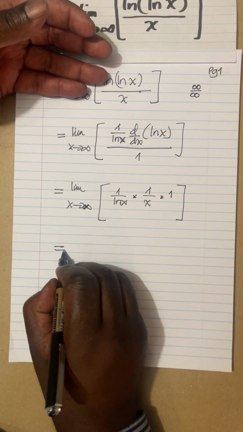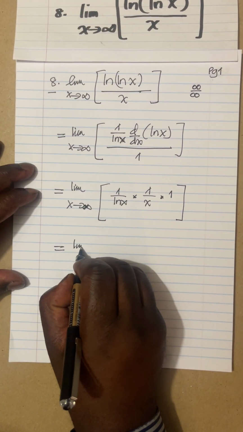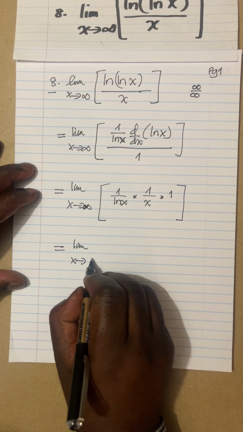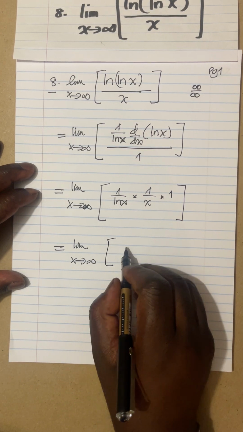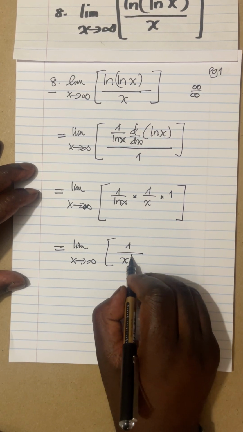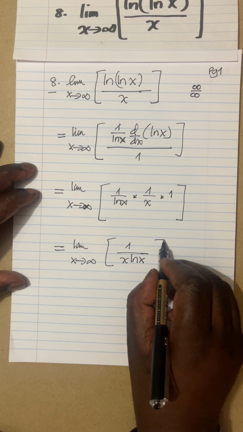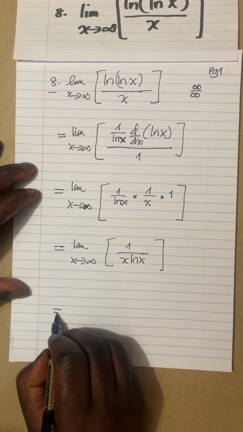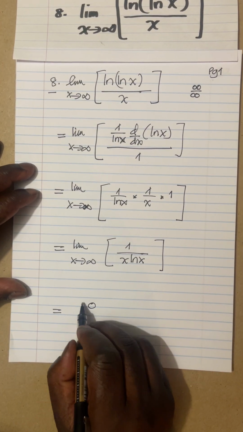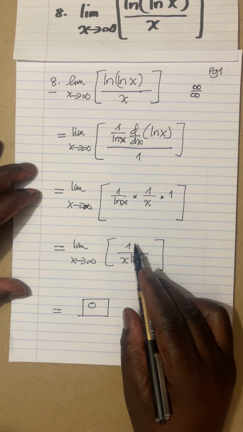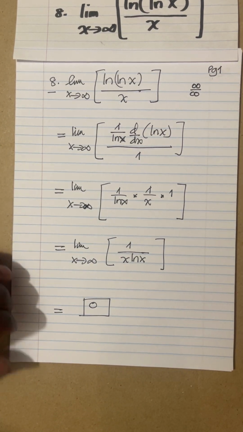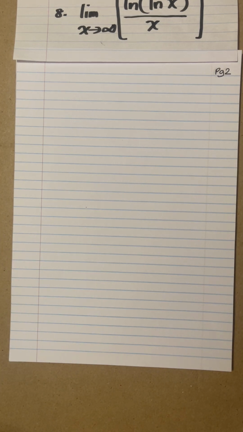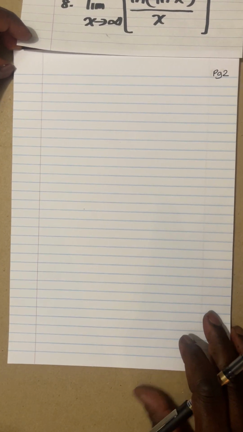So simplifying, this is going to be the limit as x approaches infinity of 1 over x times natural log of x. Now, as x approaches infinity, you will notice that this is just going to be 0 because 1 over infinity is actually 0. So that's our limit number 1 in this video, which is our limit number 8 if you consider the previous video.